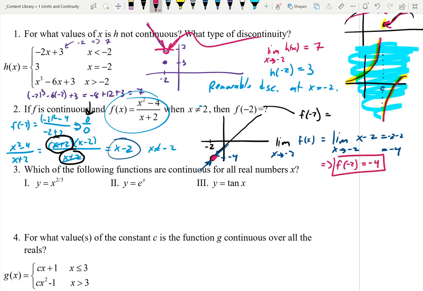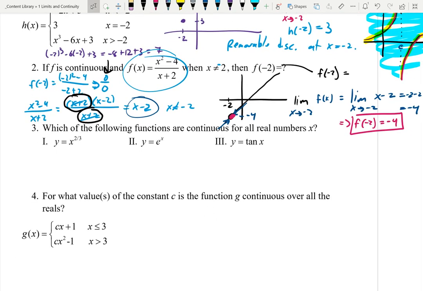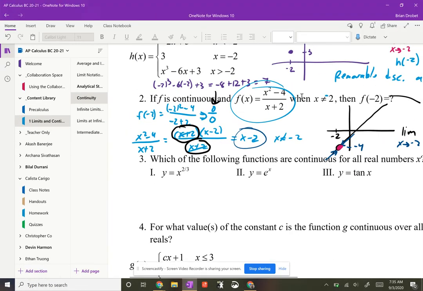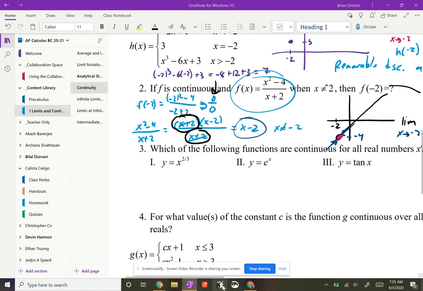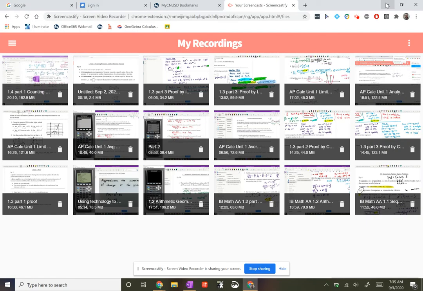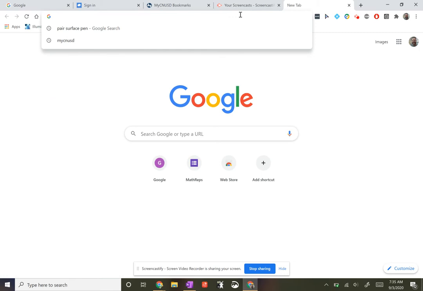All right, which functions are continuous for all real numbers of x? Why don't we take a look at our graphing calculator? Well, let's just use Desmos. That'll be easier.